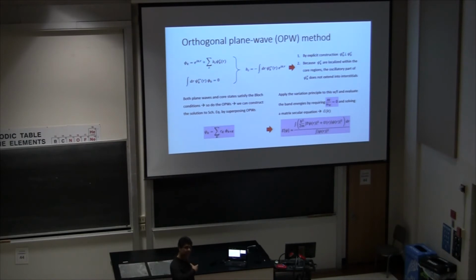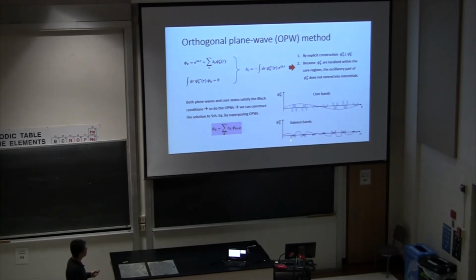That is why this problem does not happen when you have a muffin tin potential. The muffin tin was designed to avoid such problems. And in fact, this is why the augmented plane wave and the muffin tin potential are much more frequently used than this method. The reason why I'm showing this method is that it shows you two things. It shows you the orthogonality of the valence band to the core bands, and the fact that the valence band has an oscillatory part that is orthogonal to the oscillatory part of the core wave functions.